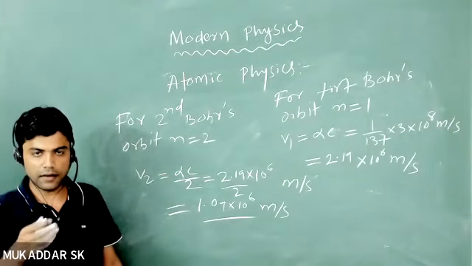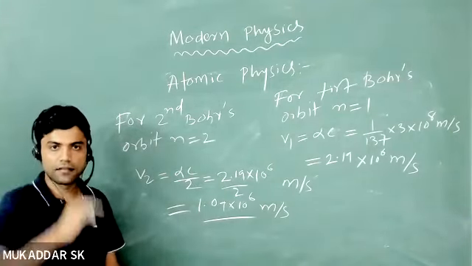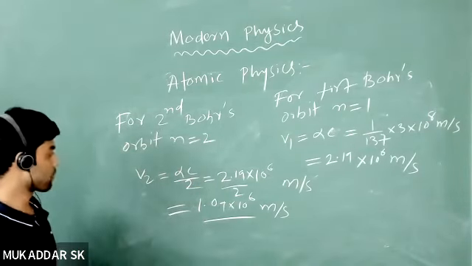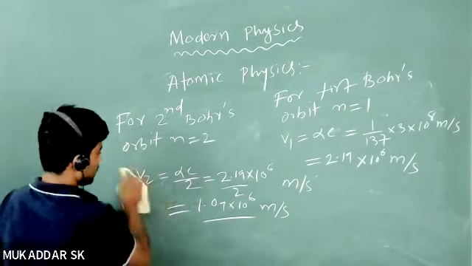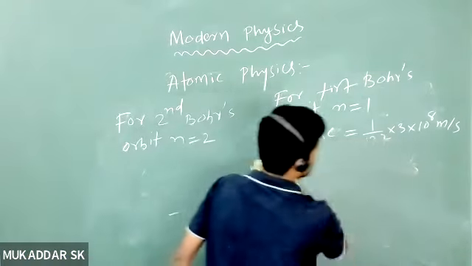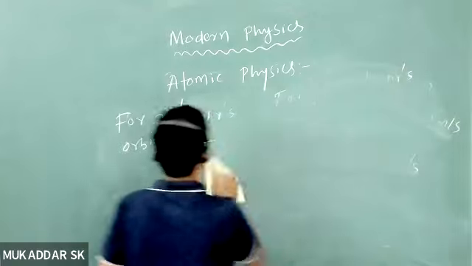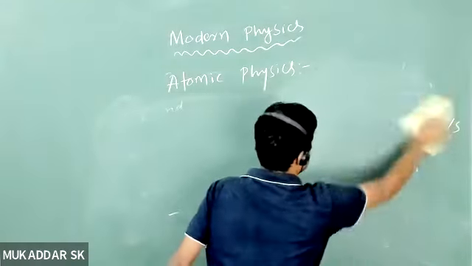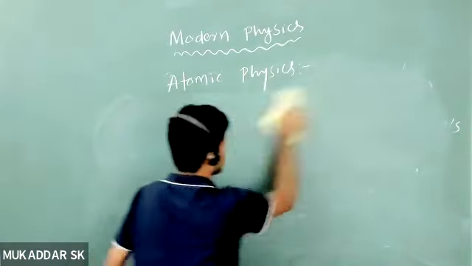That's why that electron in orbit is relativistic in nature. Please keep in mind. Is there any doubt or shall I proceed?